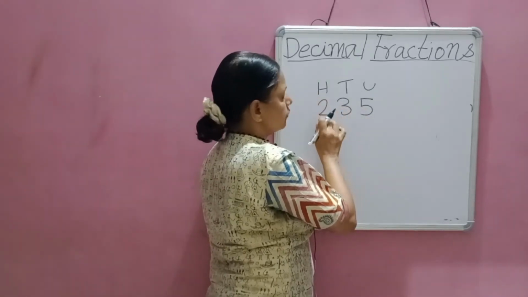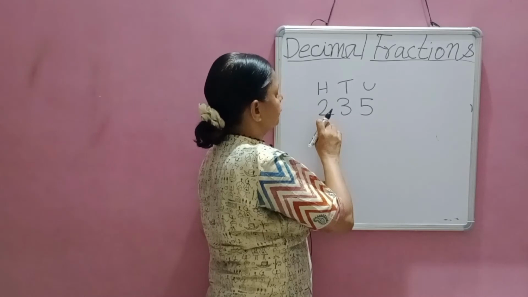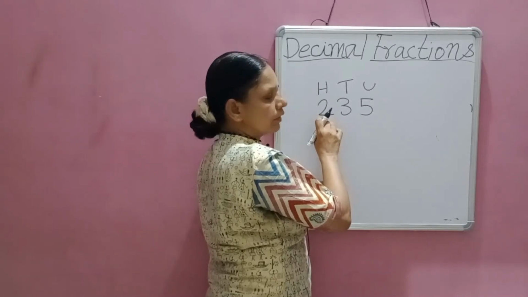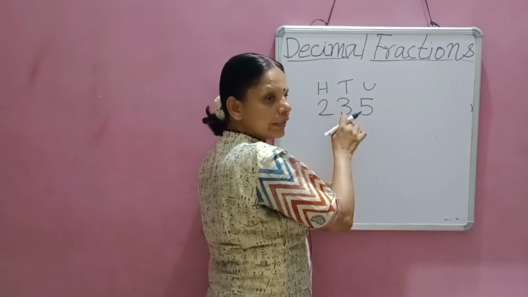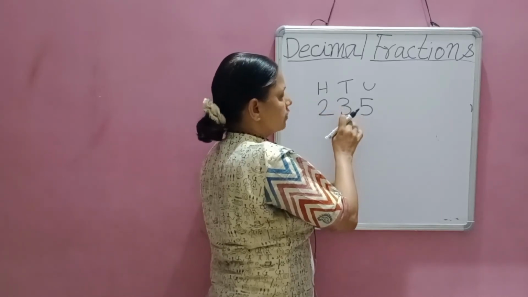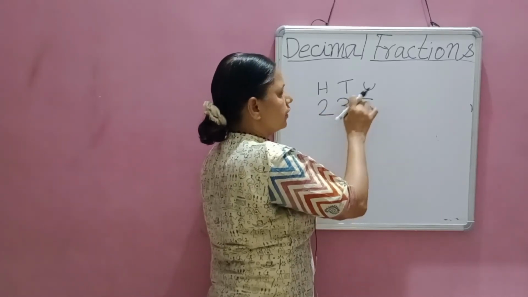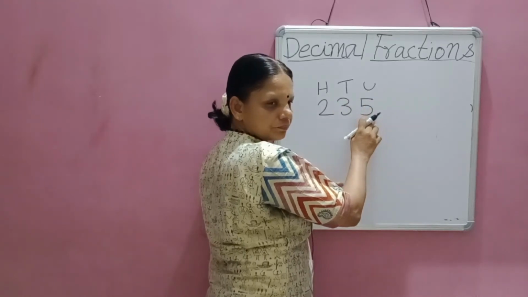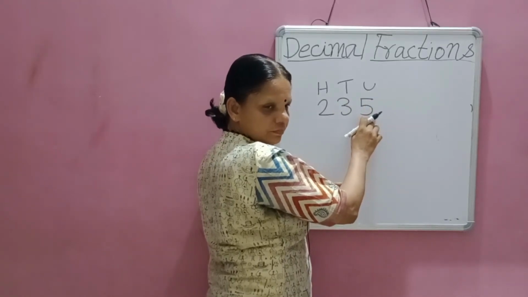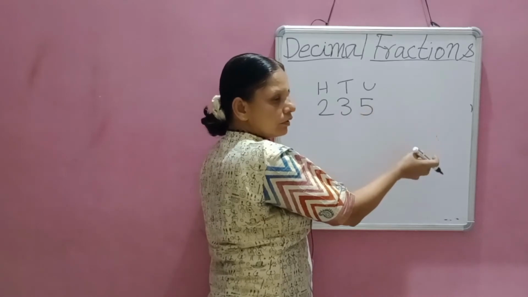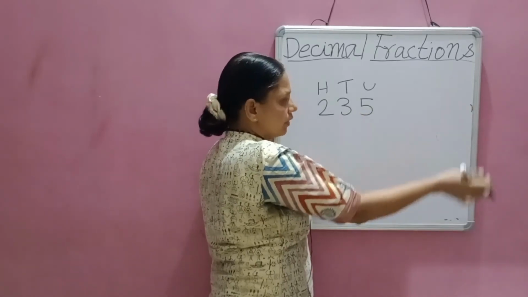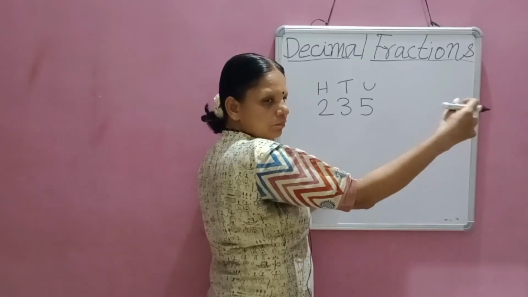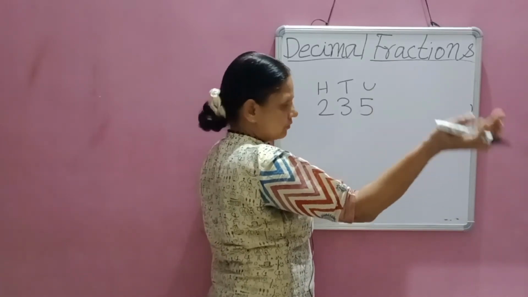So here the hundreds place value is 200, then tens, that is 100 divided by 10. Again 10 divided by 10 is the units place. It goes on decreasing by dividing by 10 to get the place value of the next lower place.